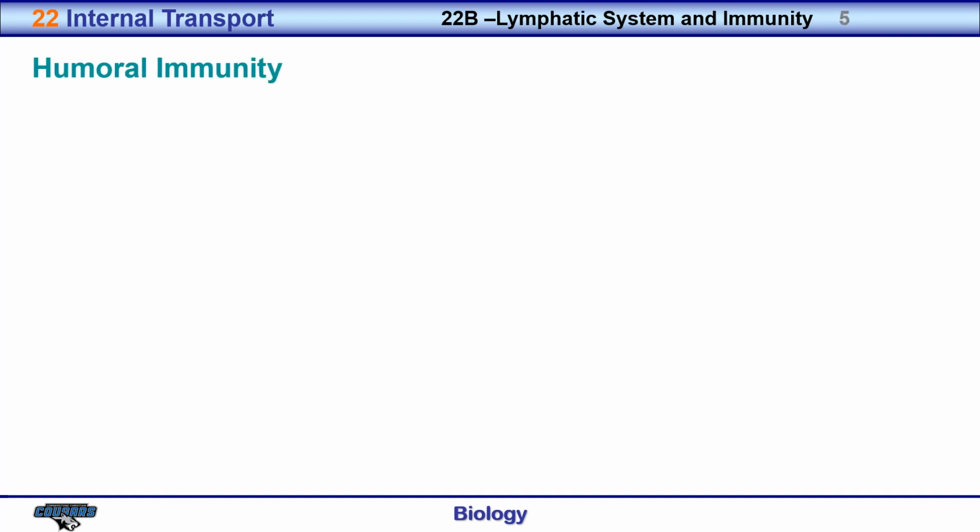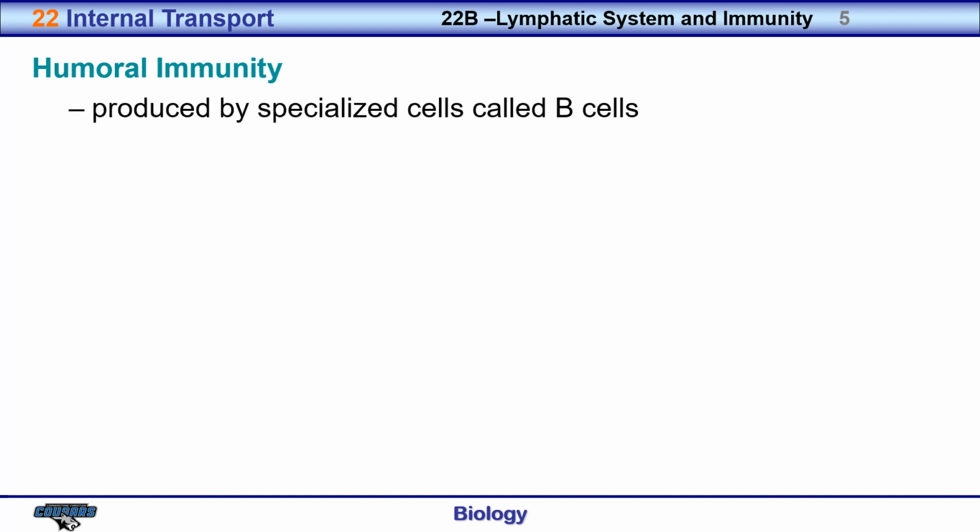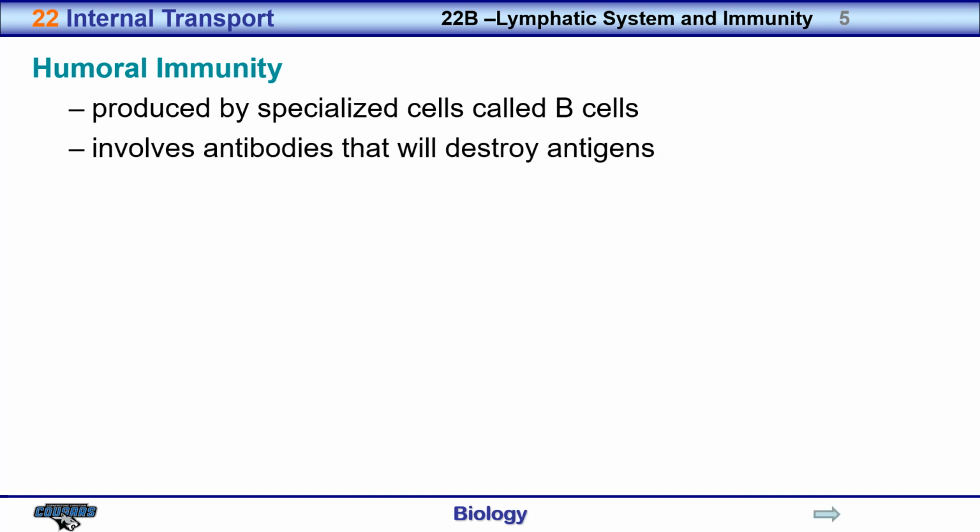Now let's talk about humoral immunity a little bit more in detail. It's produced by specialized cells called B cells, and they are involved in antibodies that will destroy antigens.